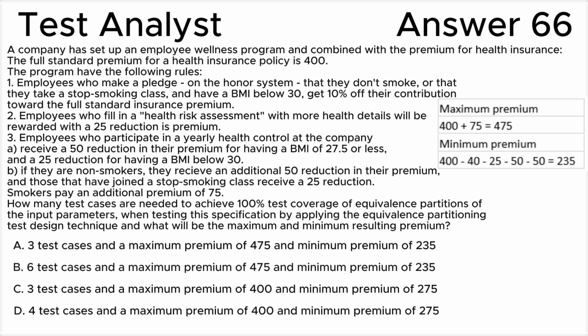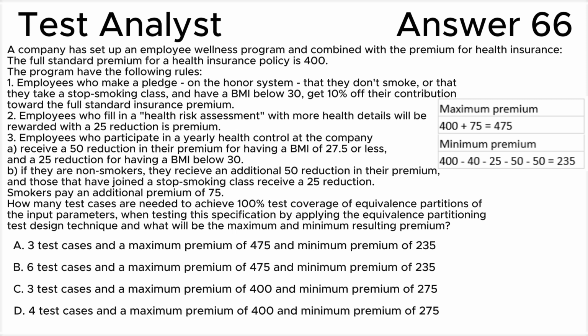Conditions for minimum premium: 1. An employee signing the pledge of honor: 40. 2. Filling out the detailed assessment: 25. 3. Being a non-smoker: 50. 4. Having a low BMI of 27.5: 50.